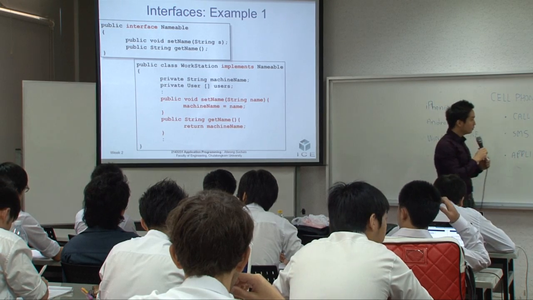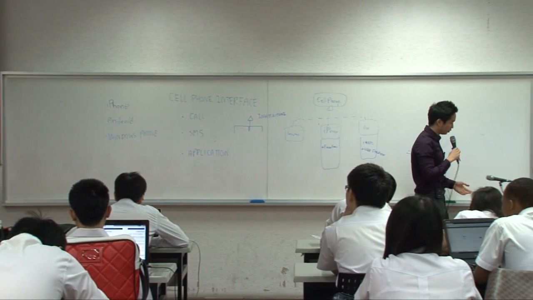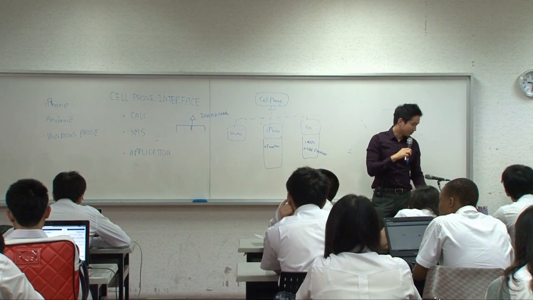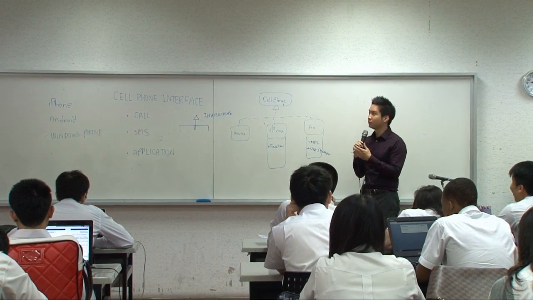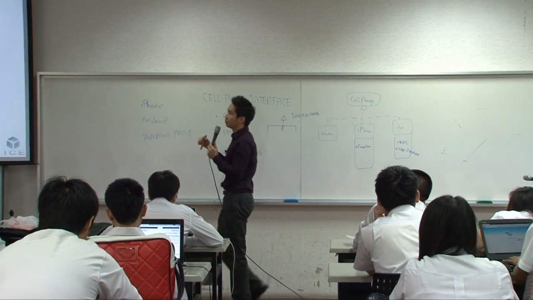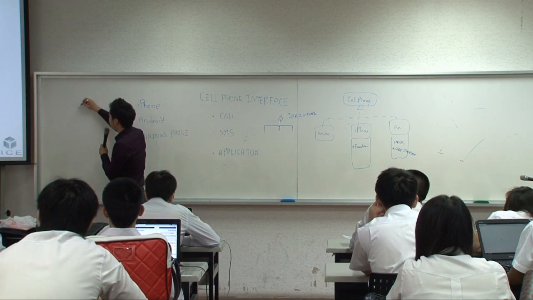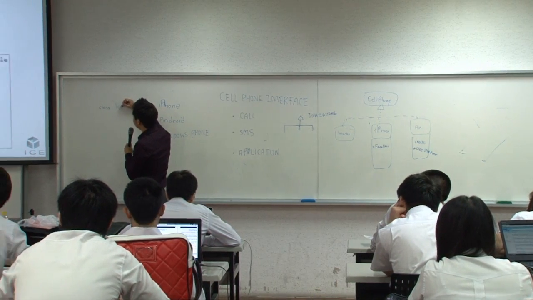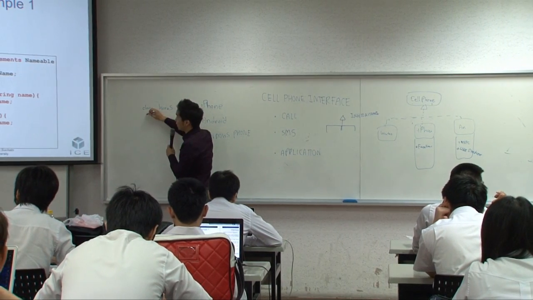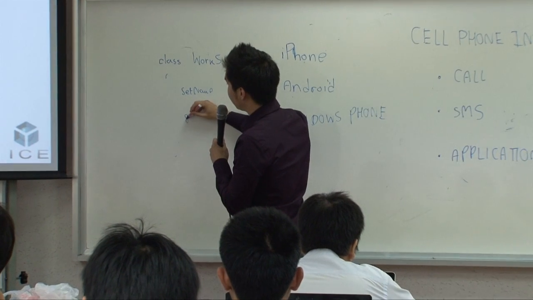Okay. Some of you might ask, what's the big deal? Why do we need to use something complicated where we can just use something like class workstation, I'll just call it WorkS, and then have set name and get name methods?